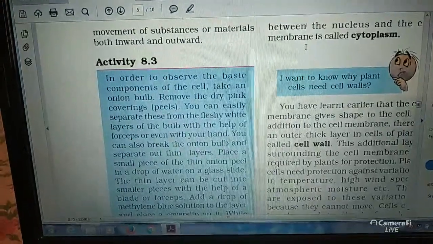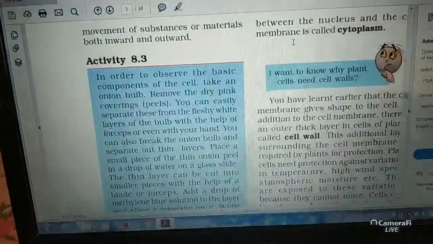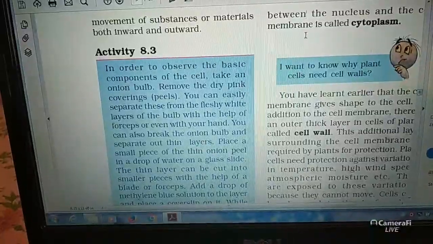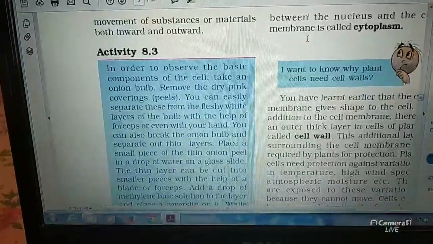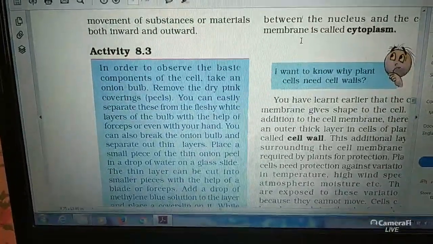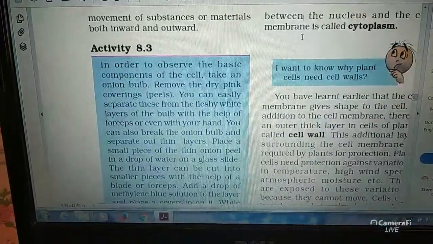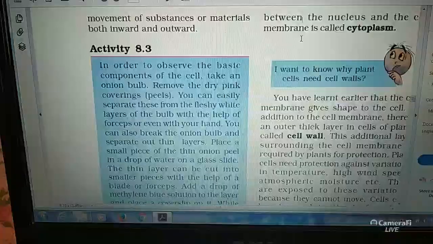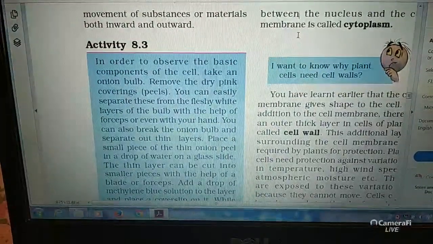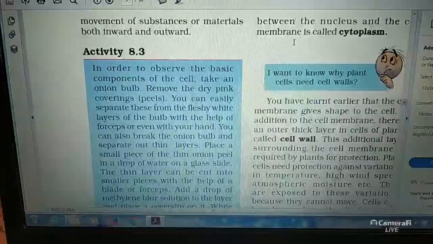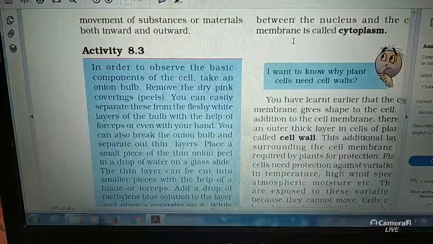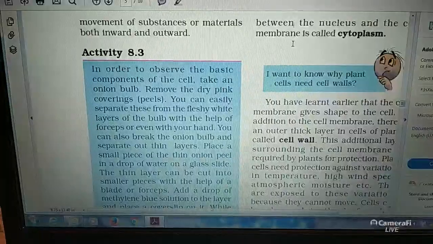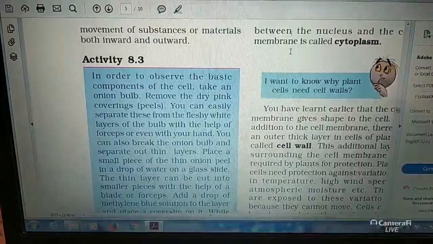So when you study one cell, you can compare anything with the cell. As you have to communicate with other students to continue your study, like that cells have to communicate with other cells to continue their function. So it should allow movement of substance or material both inward and outward.